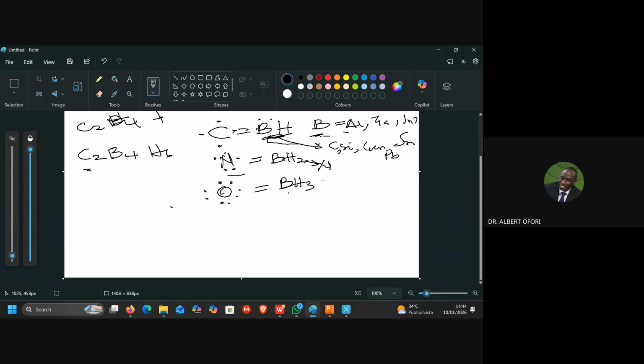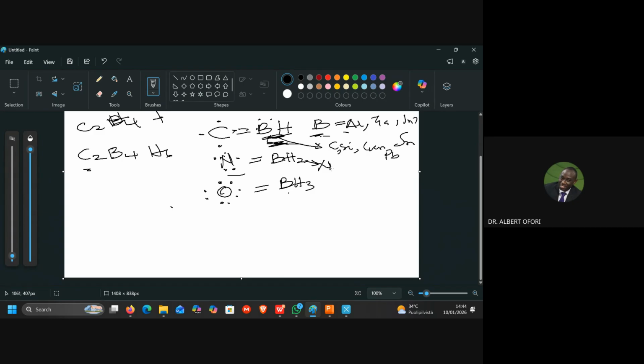Boron has 3 valence electrons, carbon has 4 valence electrons. So when I take 3 out of 4, I'm left with 1 electron. Hydrogen has 1 electron at the valence, so I can have that equivalent. Is that okay?